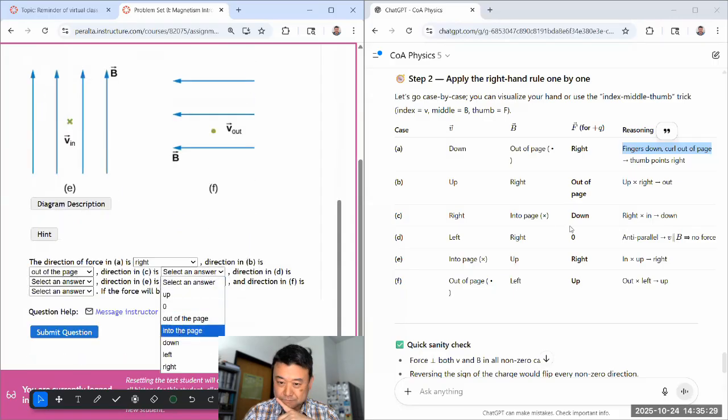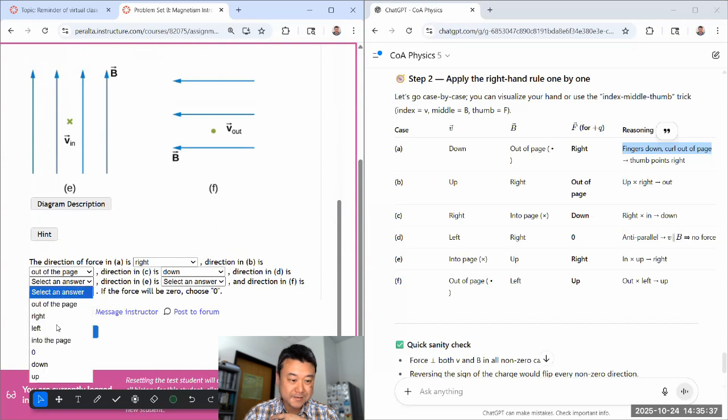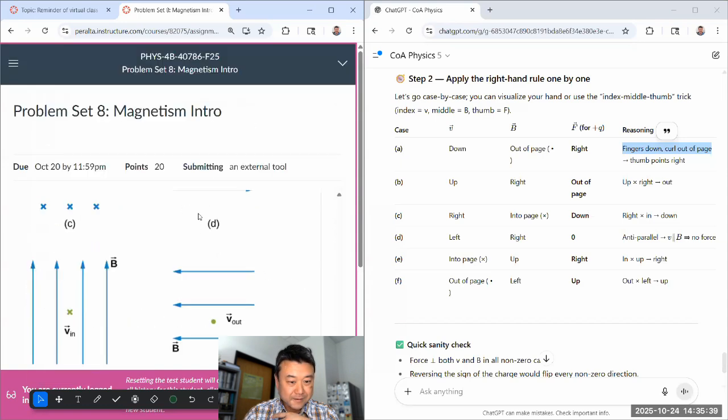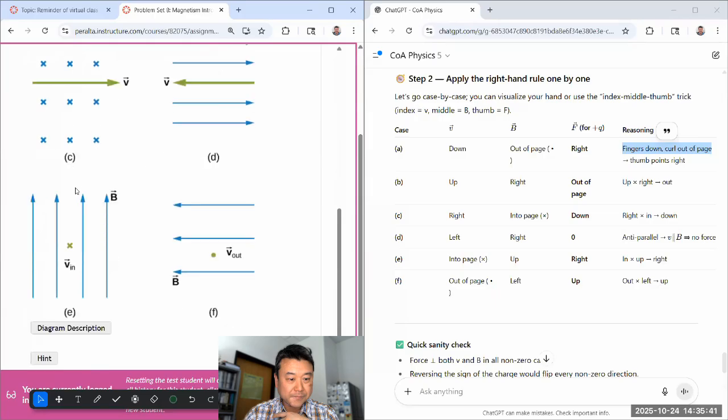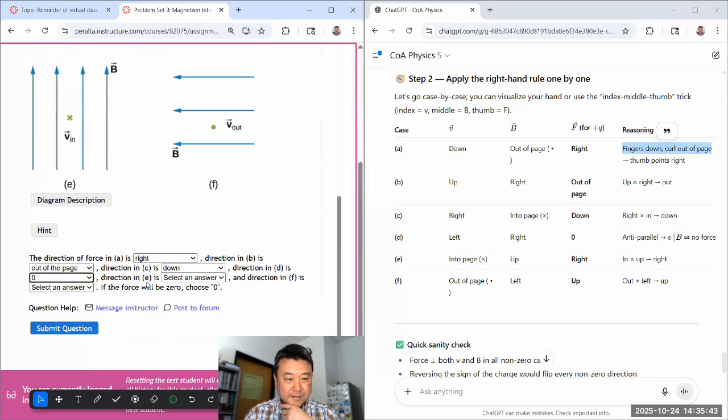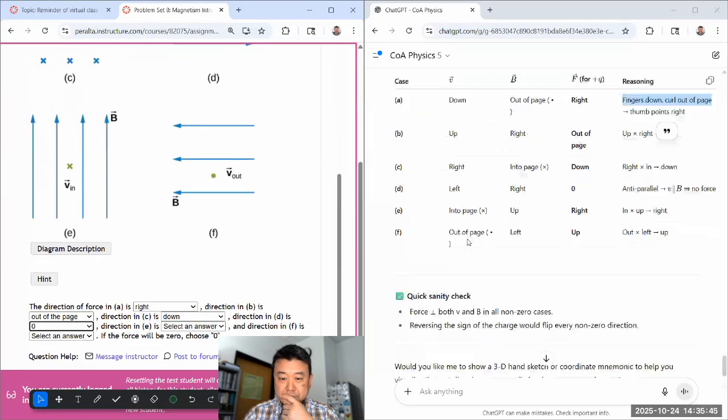Let me just answer what it's giving me, and I think it's just gonna be all exactly reversed except for this, because D is 0, which is correct, because they are anti-parallel. So for E, it's into the page, up. So that should be okay. This should be to the right, and I think that is right. Yeah.